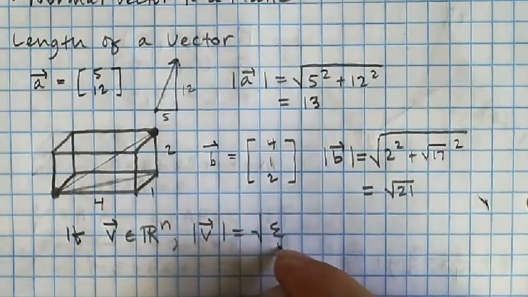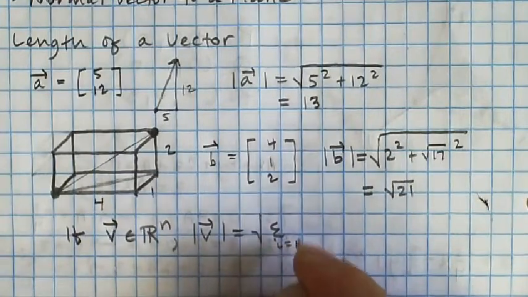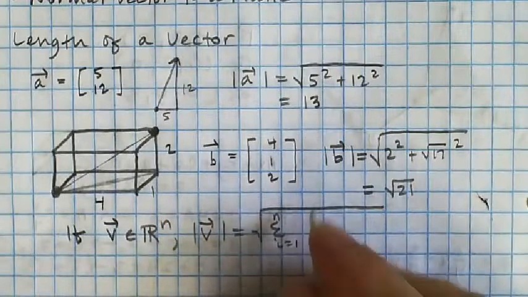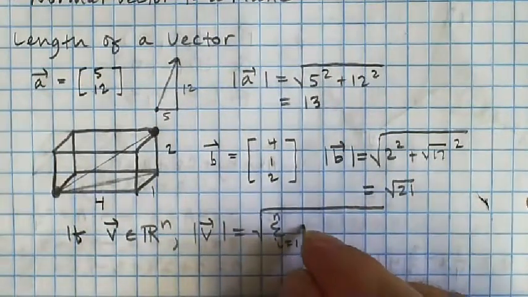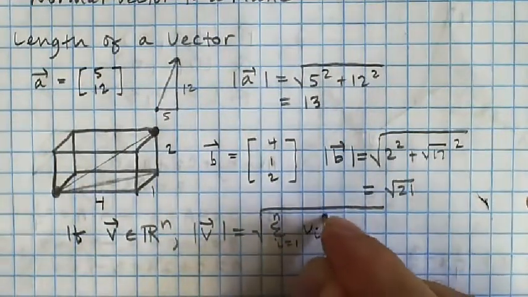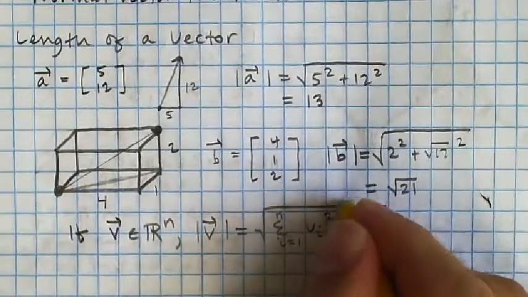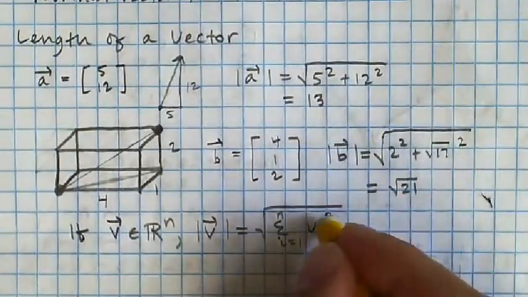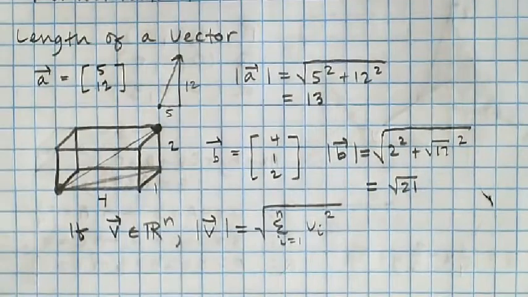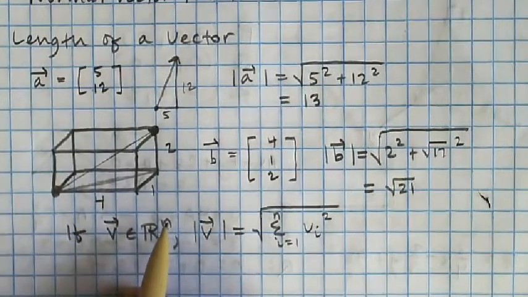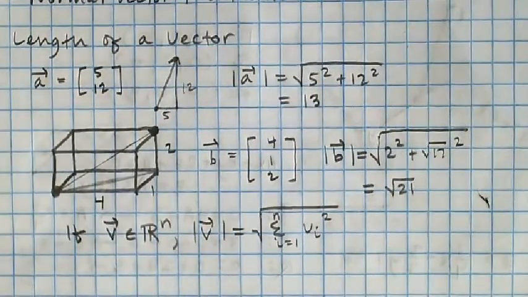So we're going to let i run from 1 up to n, and add the ith component of v squared. We square the components, we add them up, and then we take the square root. And so this is valid in 5 dimensions, 14 dimensions, 2 dimensions, even 1 dimension.